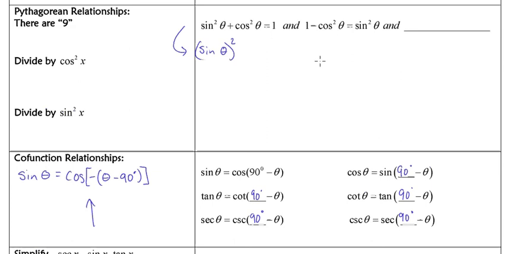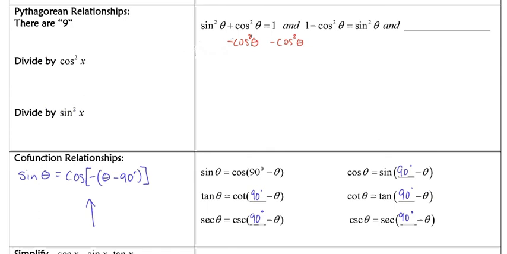If we were to subtract cosine from each side, so subtract cosine of theta squared from each side, here we go. Minus cosine of theta squared from each side.